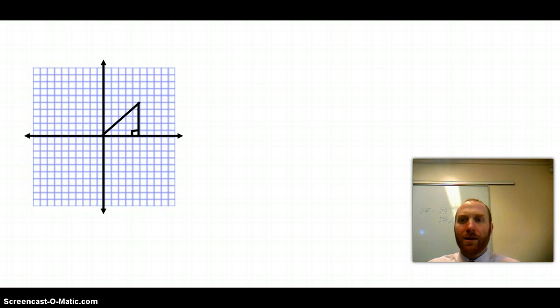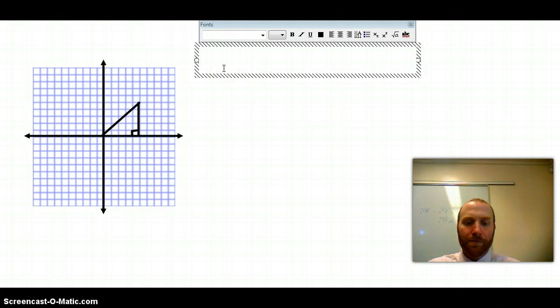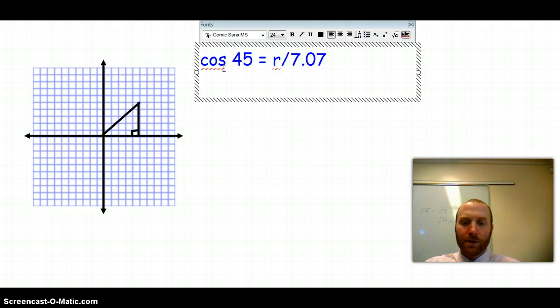Well, in order for me to find r and u, cosine of 45 degrees is going to be equal here to r divided by 7.07. Sine of 45, which is equivalent to cosine of 45, equals u divided by 7.07.